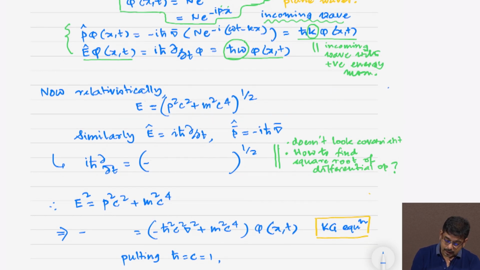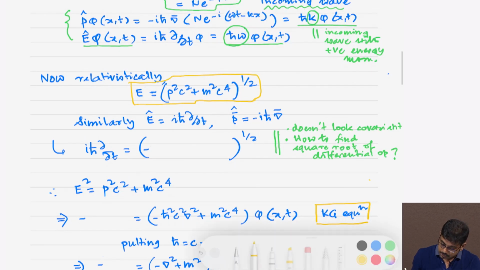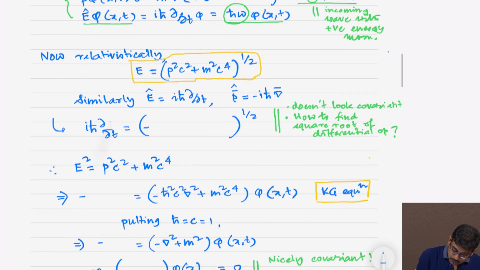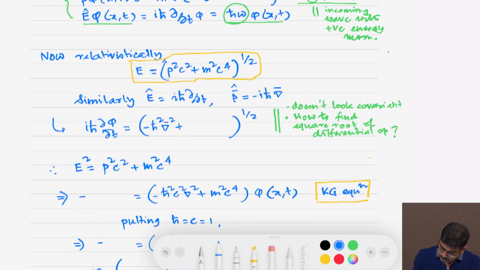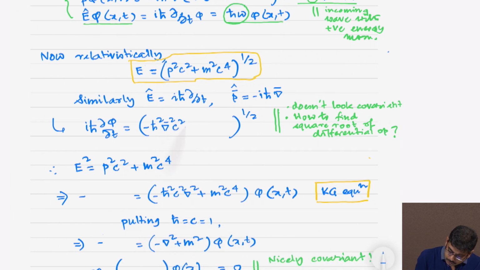So, therefore, if we have to have a quantum analog of this relativistic energy-momentum relation, that will turn into something like i h cross del phi/del t is equal to (minus h cross squared c squared del squared, and let us add those c squares also just to make sure that we have everything on board, plus m squared c to the power 4) phi(x,t), right.